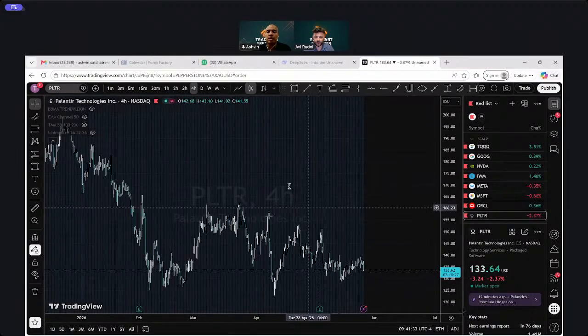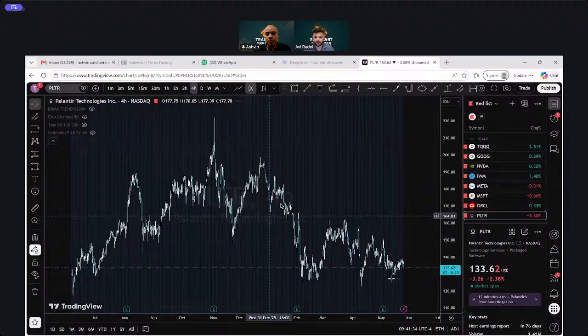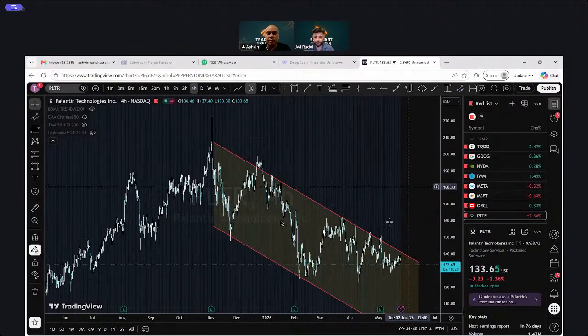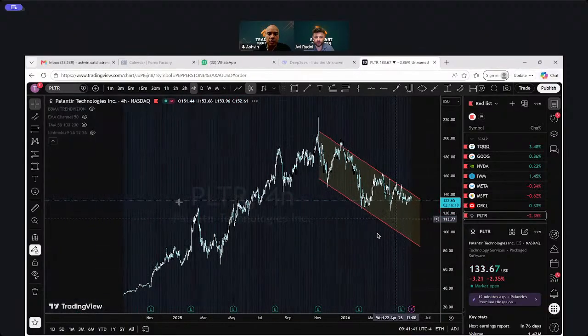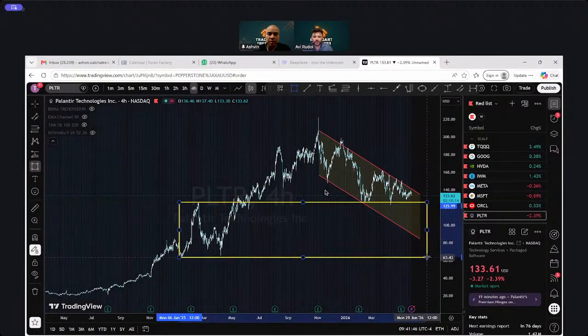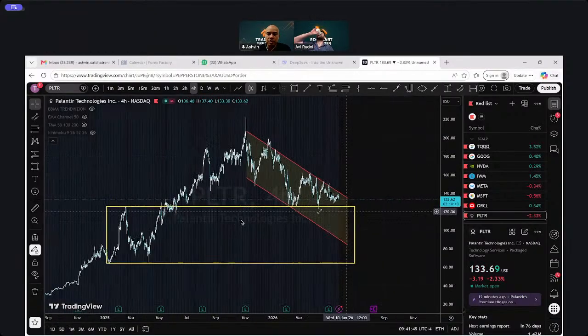Palantir is still trending down. It's still trending down for Palantir. Palantir's demand zone, the solid, is a very big range. But Palantir is still a very strong stock. So it's just a matter of how long it would want to go down before it would start going up.